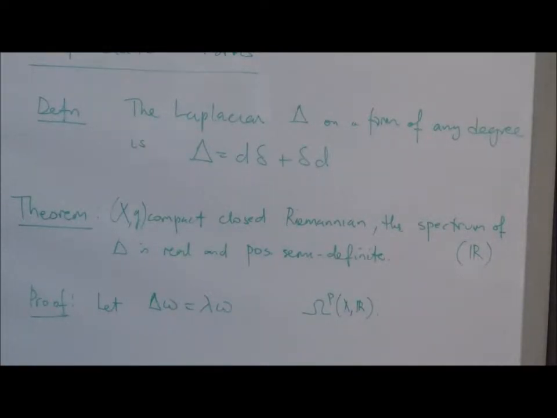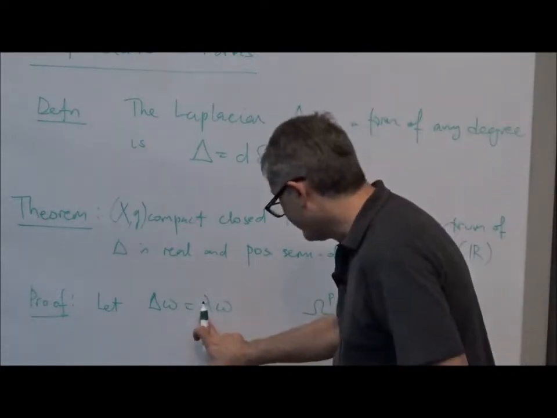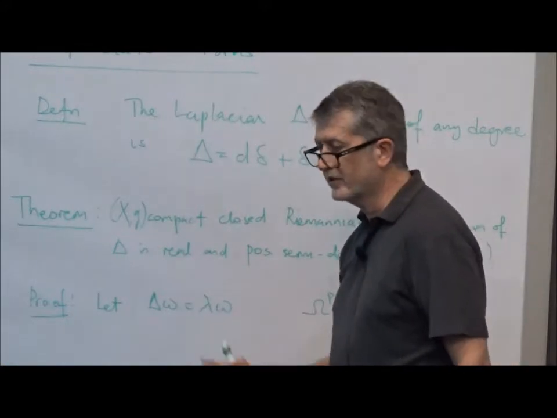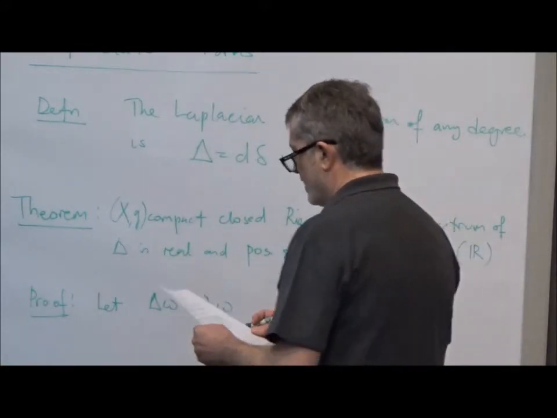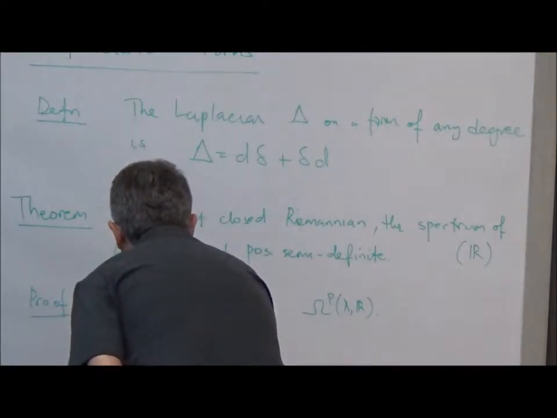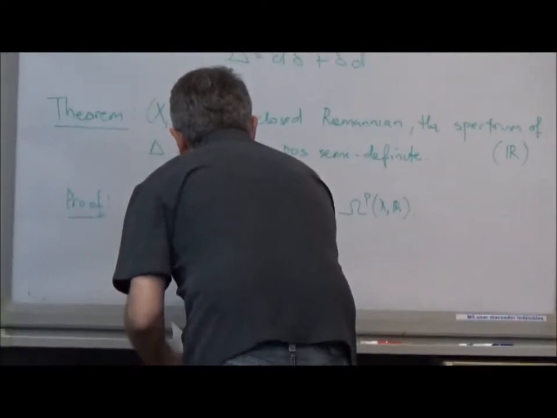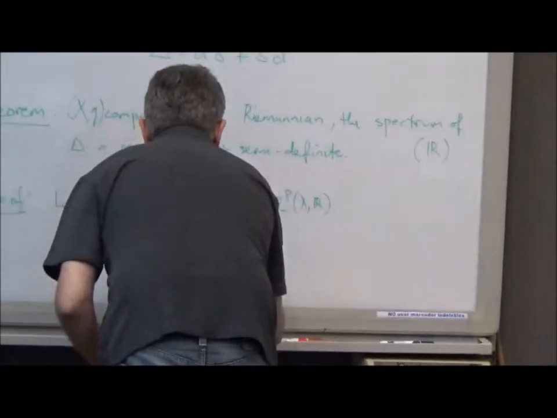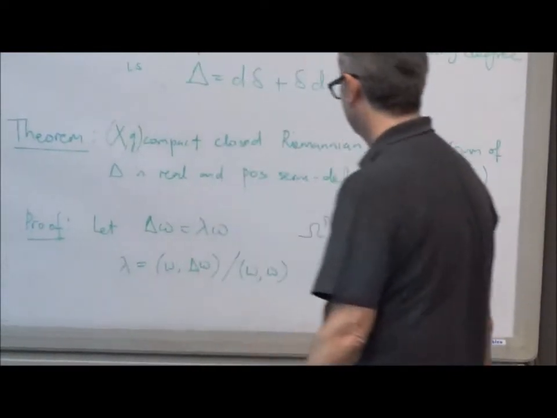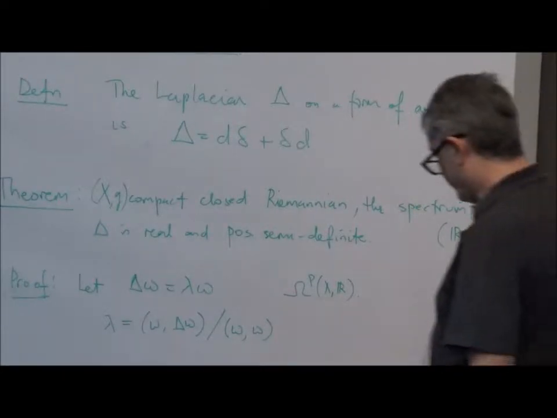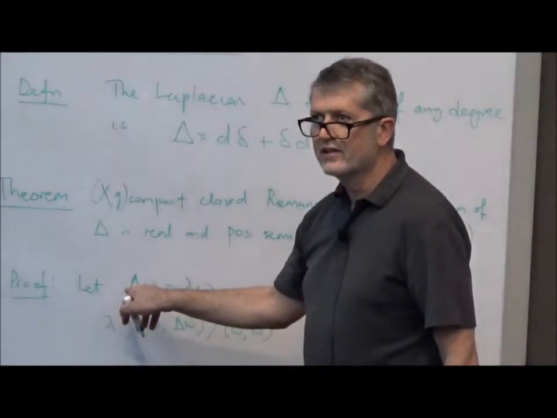All right, so we're trying to say something about these guys, right? The spectrum is the set of the eigenvalues. So we want to say something about the lambdas. So one thing we can say about the lambdas is that they equal the inner product of omega with delta omega, divided by the inner product of omega with omega. How did I do that? I did that by simply taking the inner product on the right-hand side with omega.